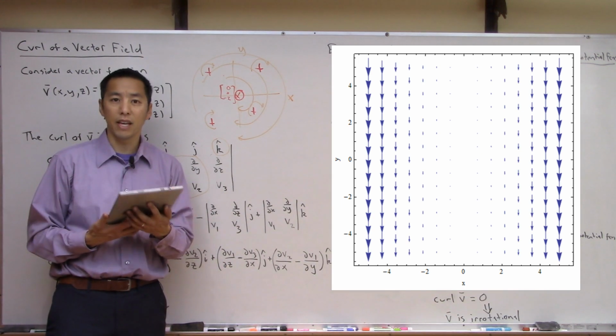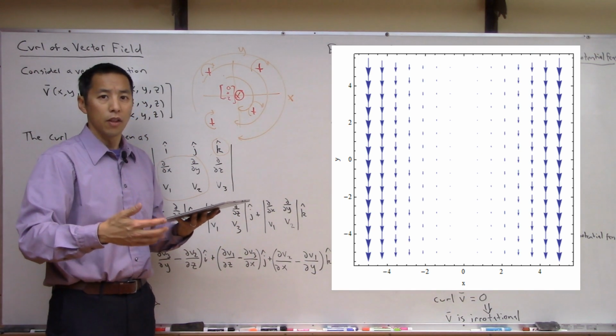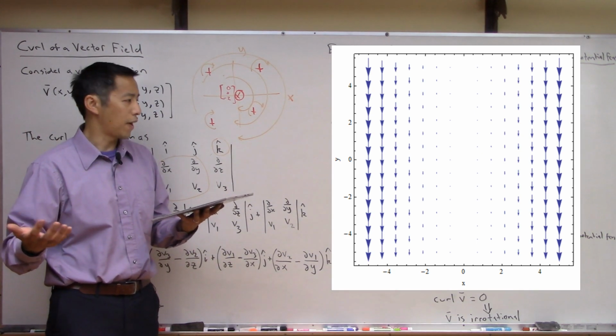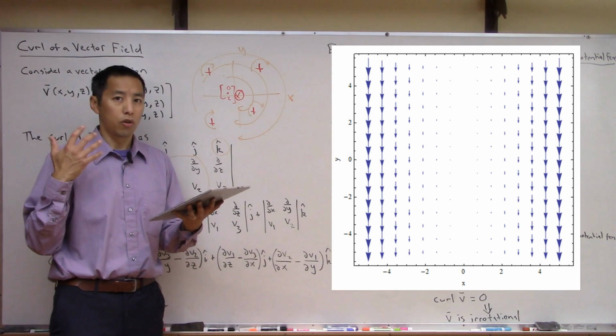And again, you can see as you go farther in the x direction, the fluid starts moving faster and faster, okay? And now you can kind of see, again, do the thought experiment.